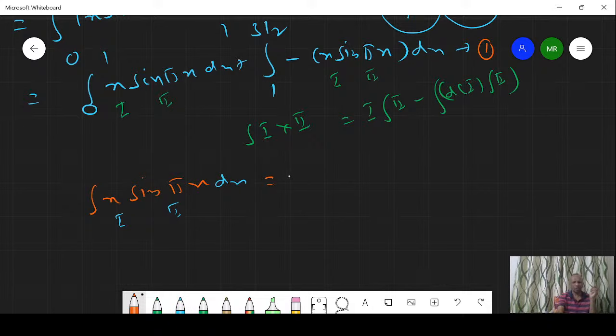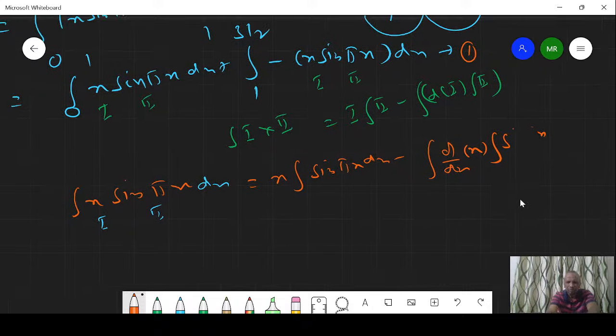Now I can write first into the integral of the second function, minus the derivative of the first function, d by dx of x, times the integral of sin πx, the whole integral dx.